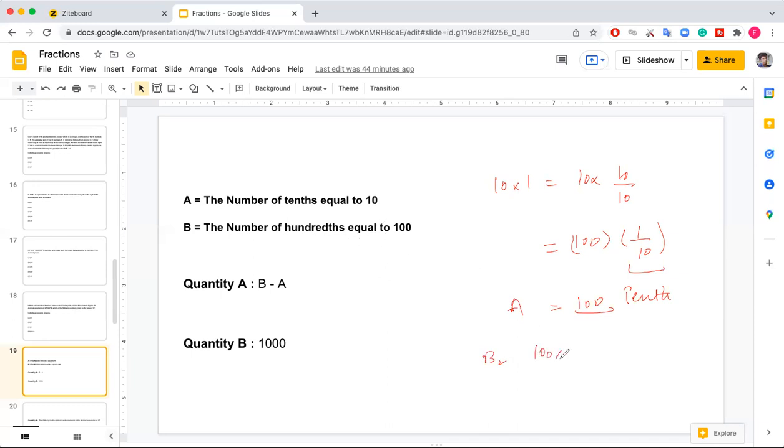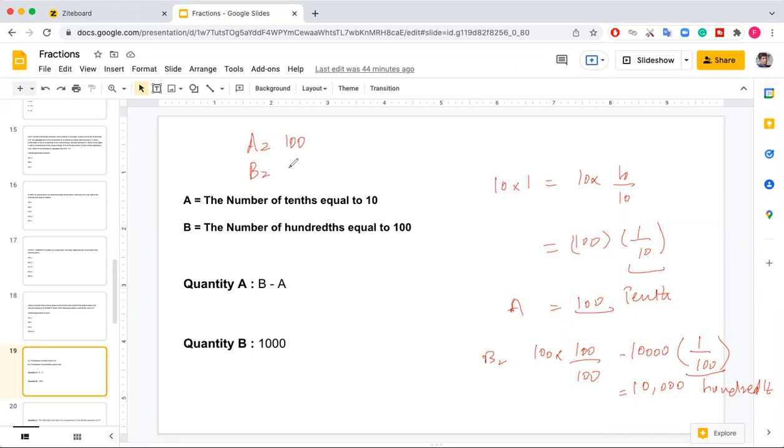So 100 into 100 over 100. This will become 100 into 100 by 100 into 1 by 100. This is the 100th value, right? So we have 10,000 100th. So A is equal to what? A is equal to 100, right?